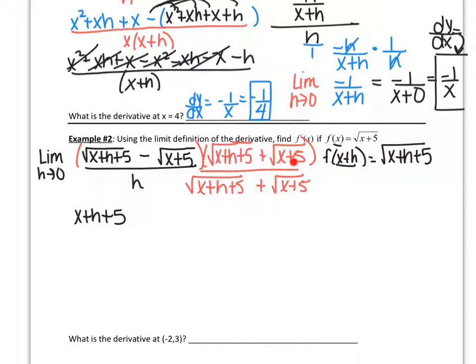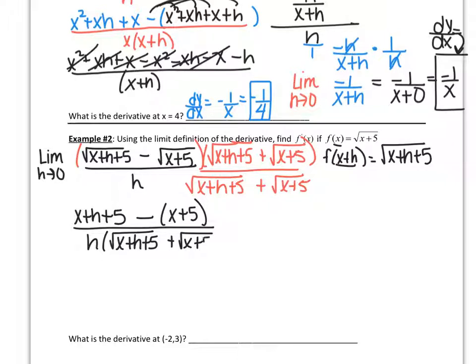This times this will cancel with this times this, so we don't need to write that. And then we have a minus, because we have a negative times a positive, of this whole thing. Again, when you multiply a radical by the same thing, it just becomes what's left on the inside. All over h times radical x plus h plus 5 plus radical x plus 5.